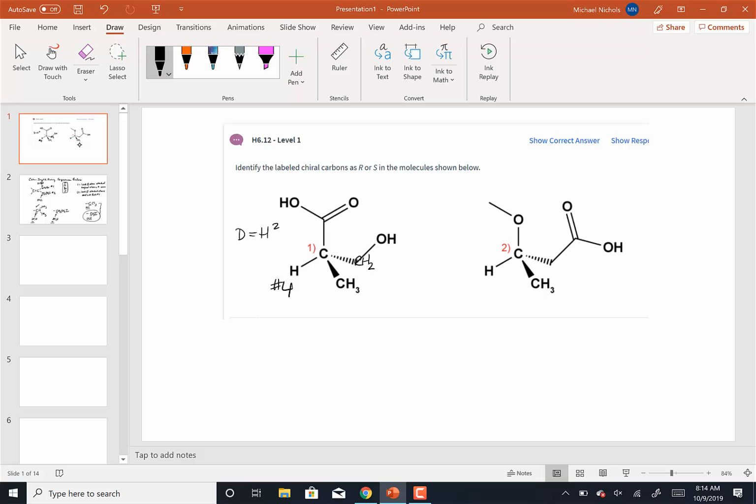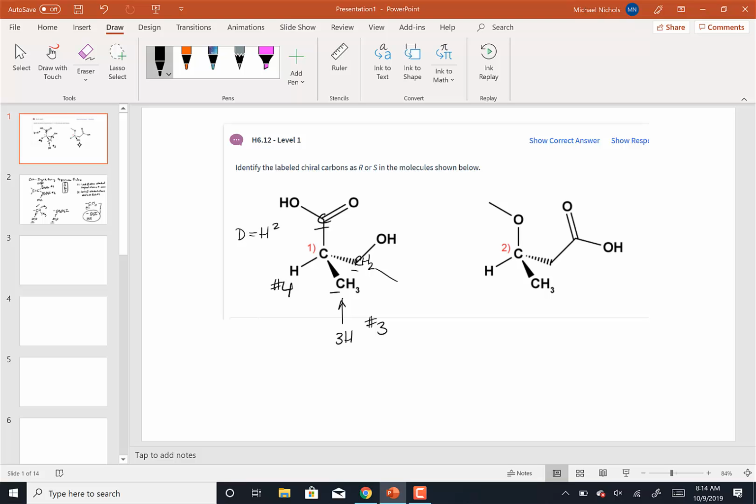So carbon versus carbon versus carbon. They're all tied. What's attached to CH3? 3 H's. Now you can probably guess that 3 H's is going to lose to anything. So if you said, well, CH3 is going to be number 3, you'd be correct.